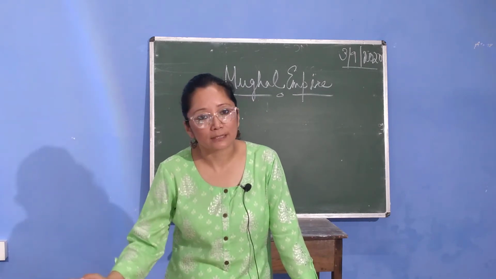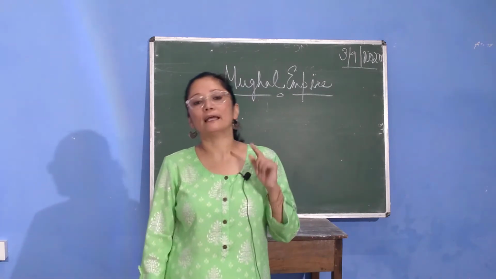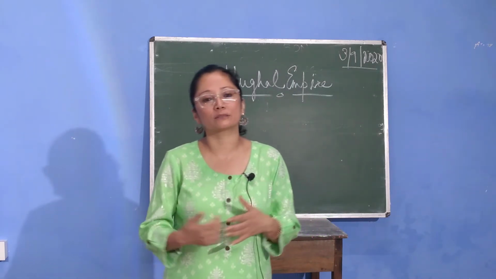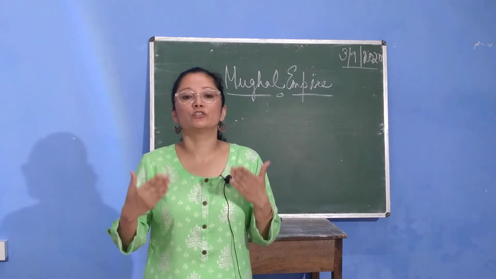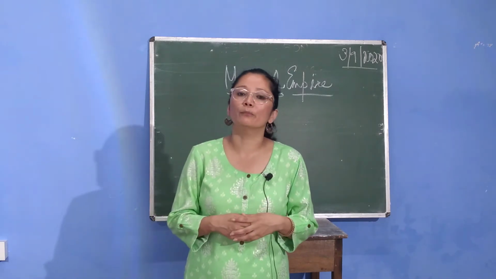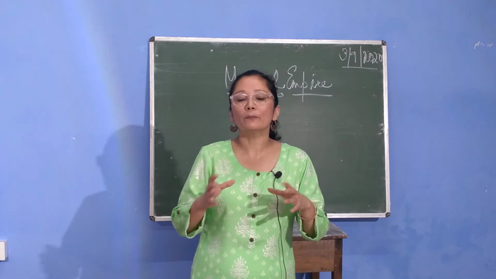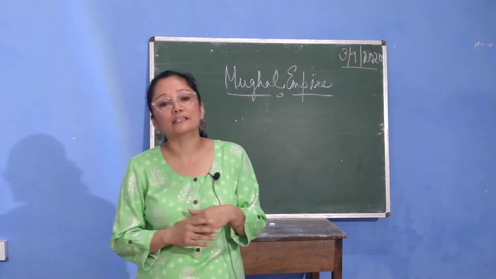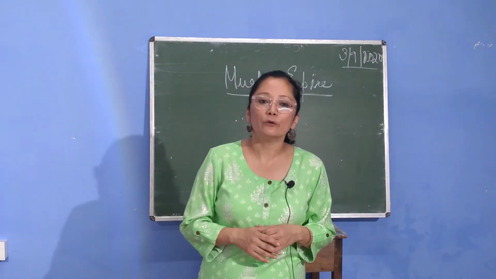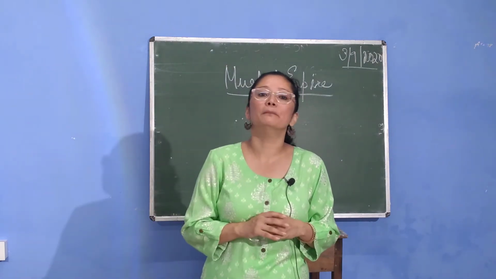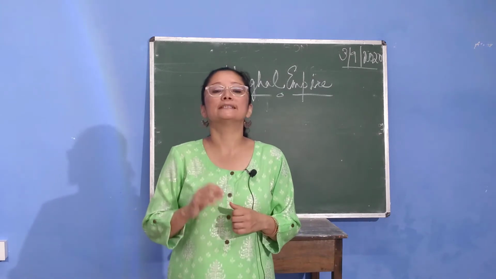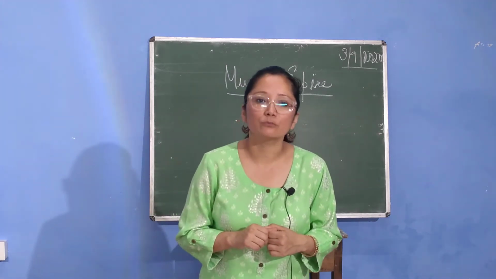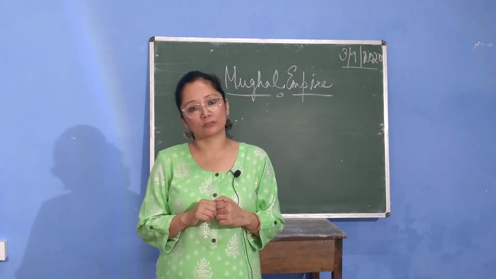In the sources, the first one we have to start with is the Ain-i-Akbari, which is a literary source. Literary source meaning it is a book which gives us enough light on the Mughal Empire. So we will learn about the Ain-i-Akbari, and in the architectural sources we will study the three main monuments, starting from Jama Masjid, the Taj Mahal, and we will end with the Red Fort.